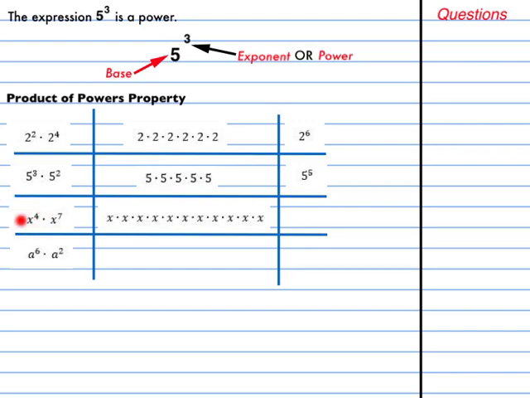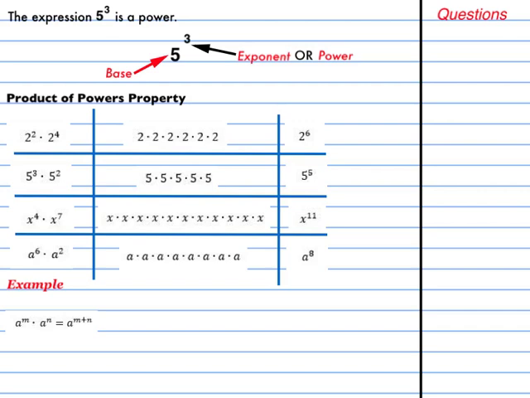We have 4 x's being multiplied by each other and 7 x's being multiplied by each other. We can simplify this into 11 x's being multiplied to each other, so x to the 11th power. And then we have 6 a's and 2 a's for a total of 8 a's, which simplifies to a to the 8th power.